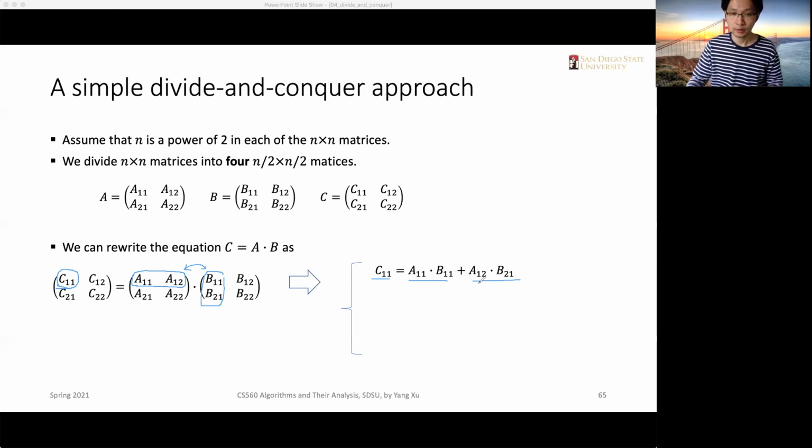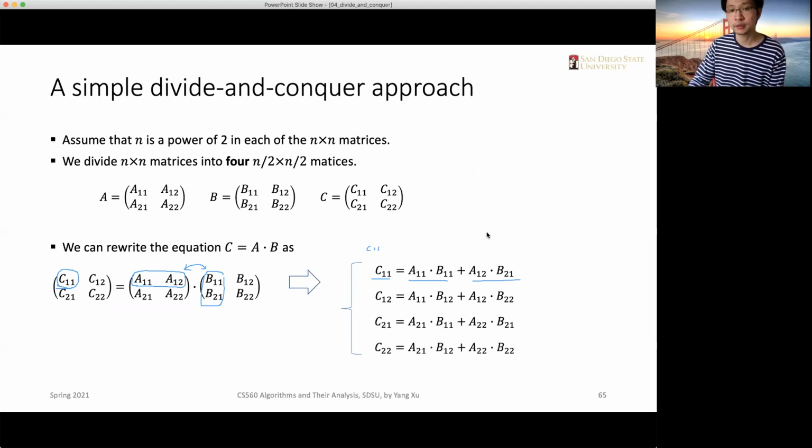If we look at this purely from the form of the equations, it's very similar to the one that we used for computing the small C11. So it's just some decomposition trick from linear algebra. And we can do this for C12, which is also in the form of this dot product, and C21 and C22.